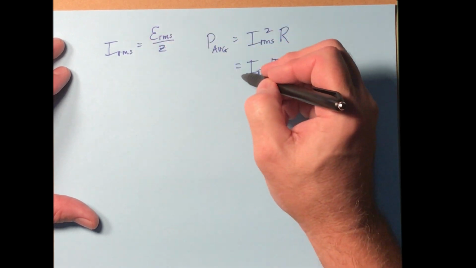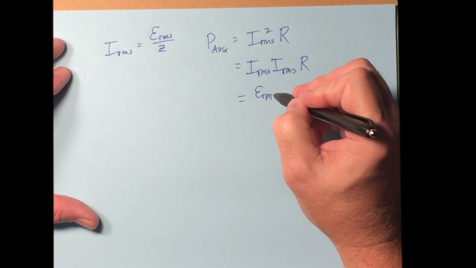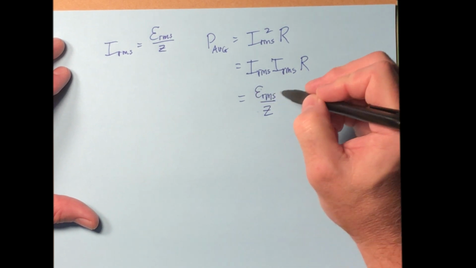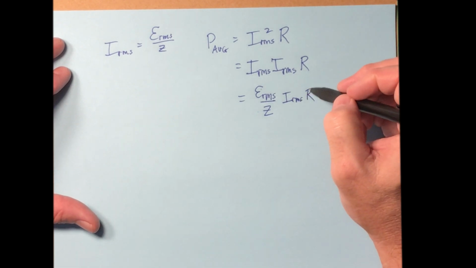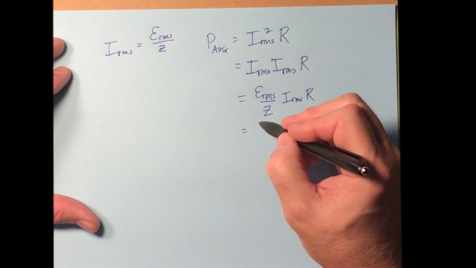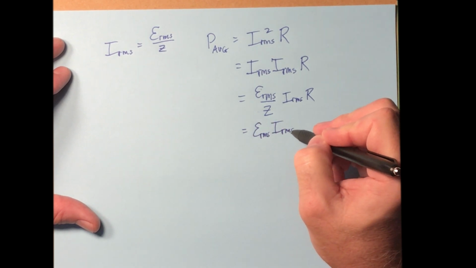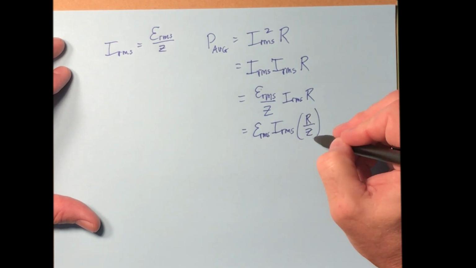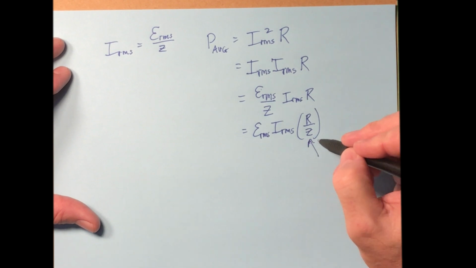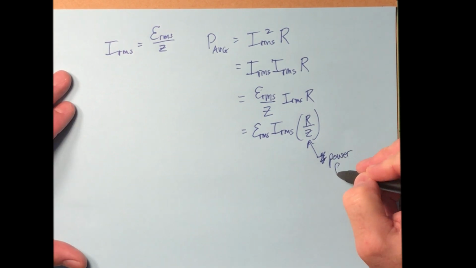But I can now substitute in for one of these I's as E RMS over Z times I RMS times R. Now, just rearranging the terms a little bit, I've got E RMS times I RMS times R over Z. This term right here, R over Z, is called the power factor.